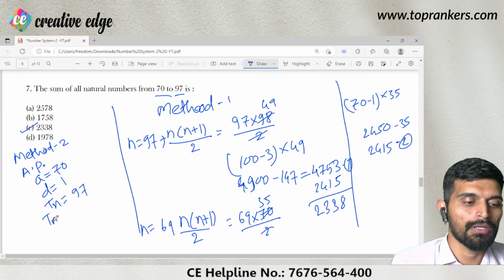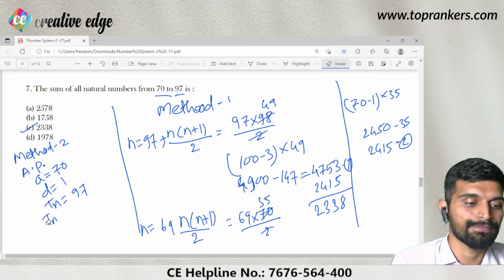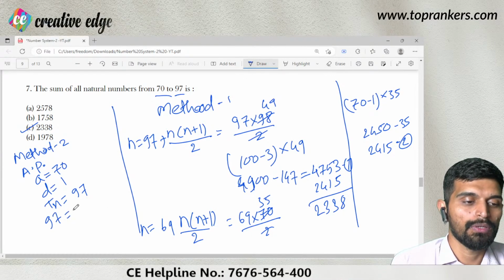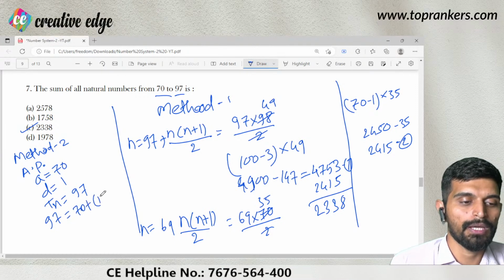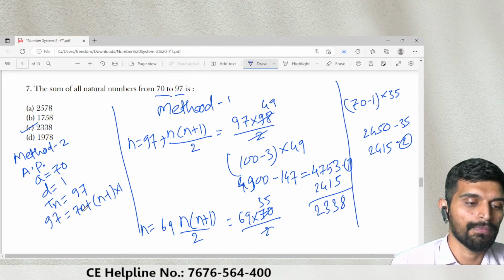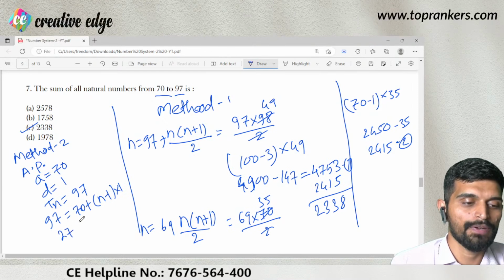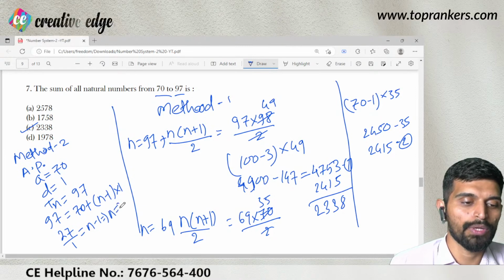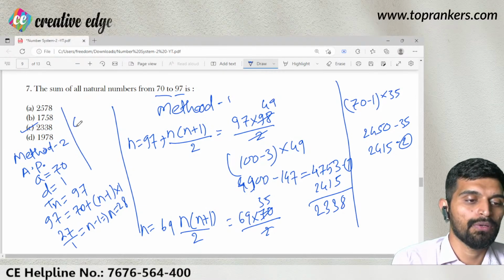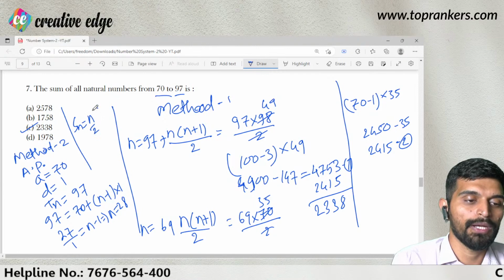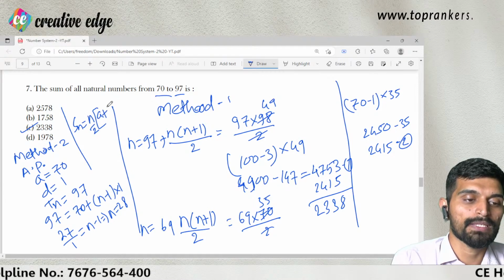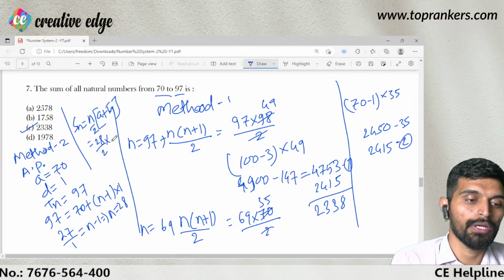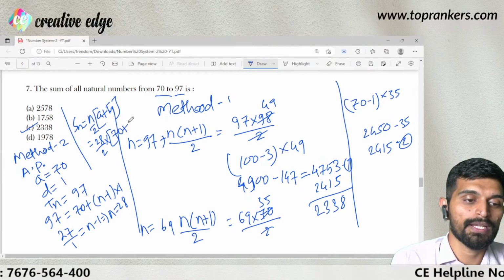So Tn 97 is equal to 70 plus n minus 1 into 1. So 97 minus 70 is 27, 27 upon 1 is equal to n minus 1, or n is equal to 28. So put this value in the formula, Sn is equal to n by 2 into A plus Tn. That is 28 upon 2 into 70 plus 97.